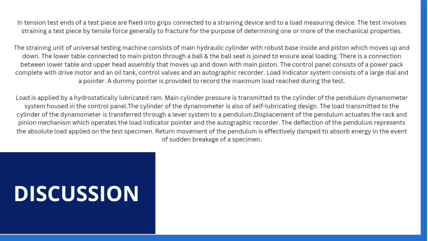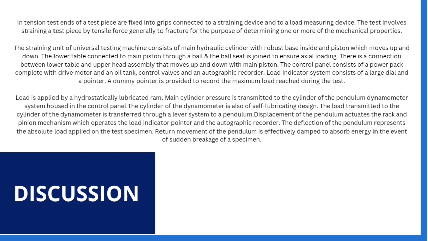In the tension test, the ends of a test piece are fixed into grips connected to a straining device and to a load measuring device. The test involves straining a test piece by tensile force, generally to fracture, for the purpose of determining one or more of the mechanical properties.